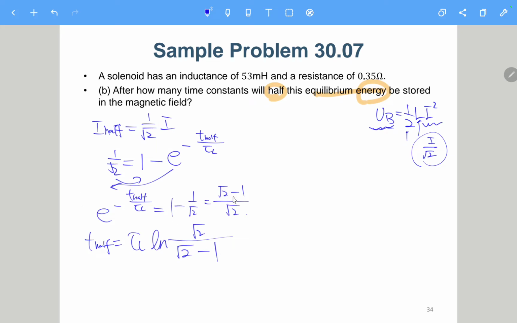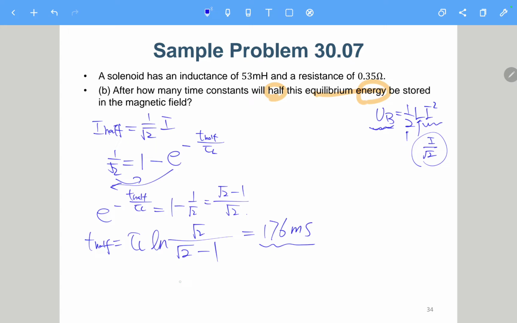And then we take the natural log on both sides, so the natural log and exponential cancel each other. So we have T half over tau L, and on the right side the natural log of this term. Then we multiply by tau L on both sides, so T half equals tau L times the natural log of these terms. Okay, so this is nothing but 176 milliseconds.